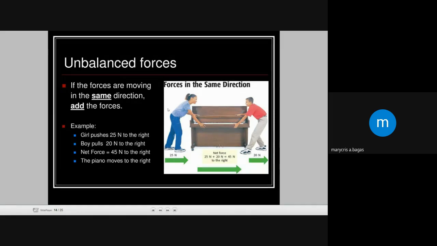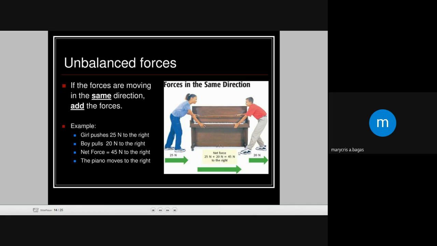Also, this example is unbalanced force. On the left side, you can see a girl, and on the right side, the boy. The girl exerts 25 newtons going to the right. The boy pulls the piano, also going to the right, only 20 newtons. If you add 25 newtons plus 20 newtons, we get 45 newtons to the right.